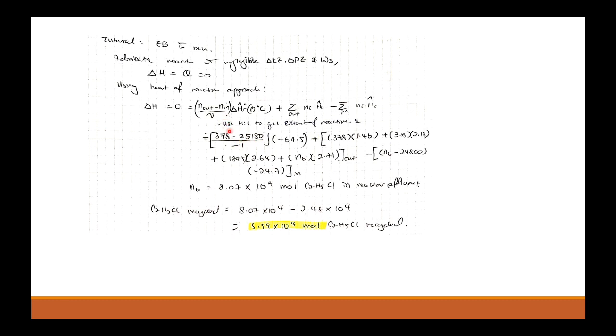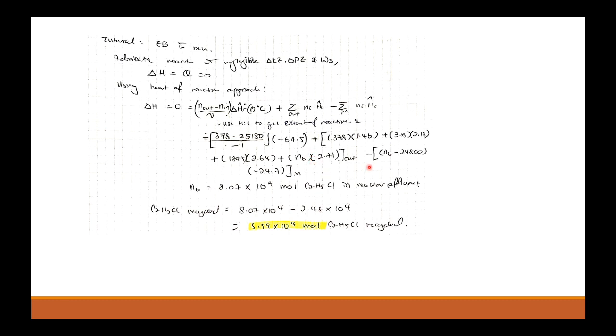Okay, so in this N out here, we will use HCl to get the extent of reaction E here. Okay, so we have already determined this in the outlet and the inlet, multiply by HR, okay, plus the outlet stream, we have C2H4, C2H6, HCl, 1, 2, 3, 4, and ethyl chloride.